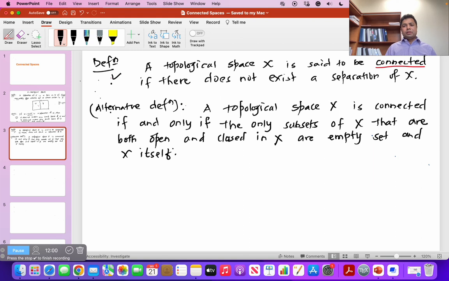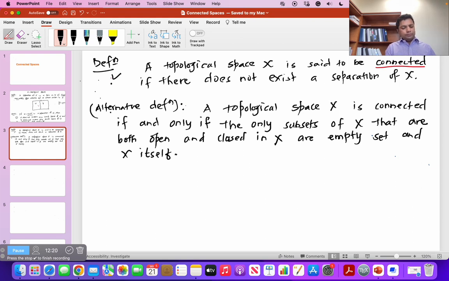If the only both open and closed sets in a given topological space are the empty set and the topological space X itself, then the topological space is connected.